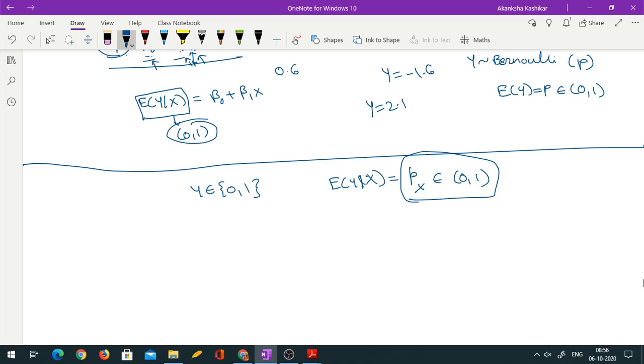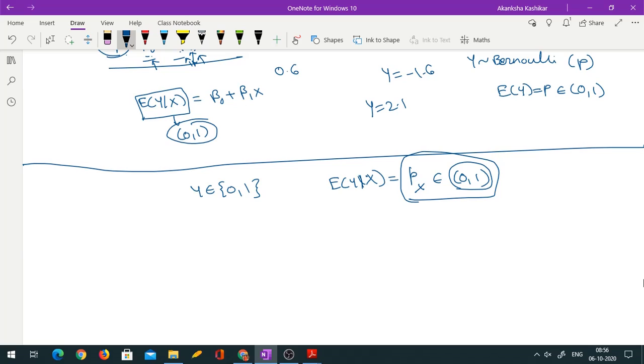Linear regression is something we are familiar with. So the problem is my p(x) is between 0 and 1. If p(x) can take any value from minus infinity to plus infinity, I can go to the simple linear regression setup and I'm happy because I know everything over there. So is there any way to convert p(x) to take values from minus infinity to plus infinity?